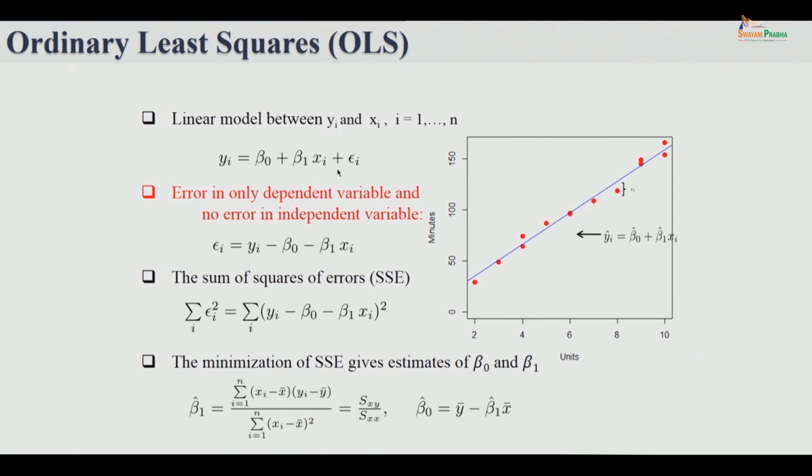So, in this particular ordinary least squares regression that we are going to deal with, we will assume whenever we set up the problem, xi, the independent variable, is completely error free, in the sense we have measured xi exactly, there is no error in reporting of xi.